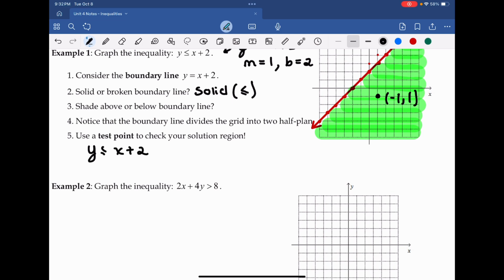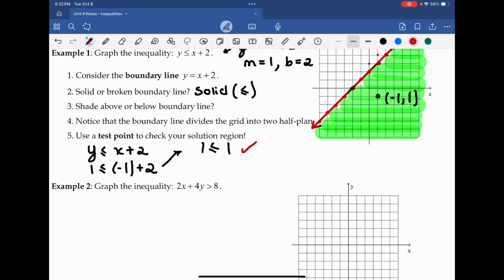We plug in our y value, which is 1, is less than or equal to our x value of -1, plus 2. So now we get that 1 is less than or equal to -1 plus 2, which is 1. Hey, look, it works. Perfect. We know that this region, in fact, works.